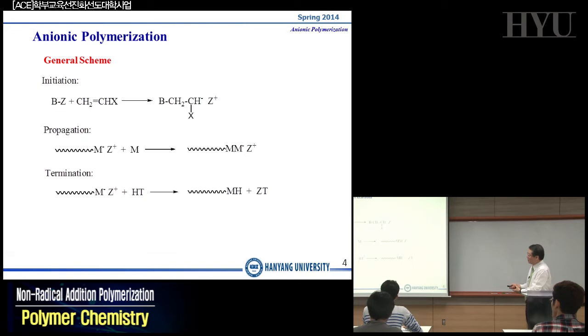Finally, at the termination step, if you have a proton coming from some component, such as water, ethanol, or any proton donating group, then the proton will terminate this carbanion, so that you have a final inactive species at the end of your chain. This is the general scheme for initiation, propagation, and termination of anionic polymerization reactions.